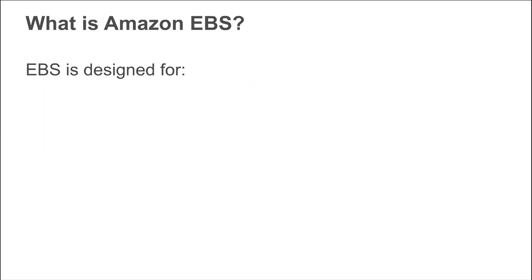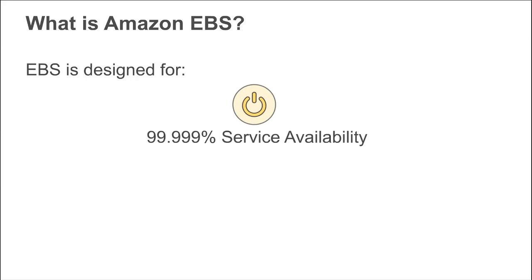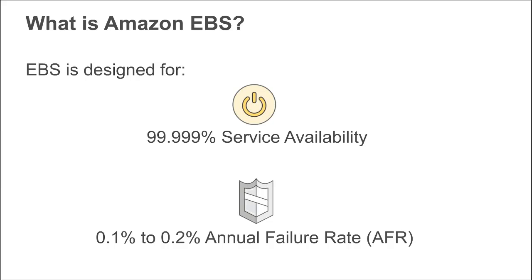Because EBS is a service, it really offers us the ability to deliver a number of different features. And one of these features is service availability. EBS offers 5 nines of service availability, and it offers a high durability rate.